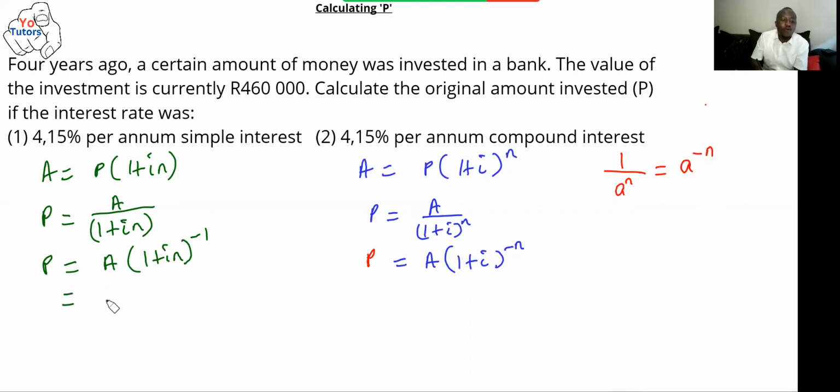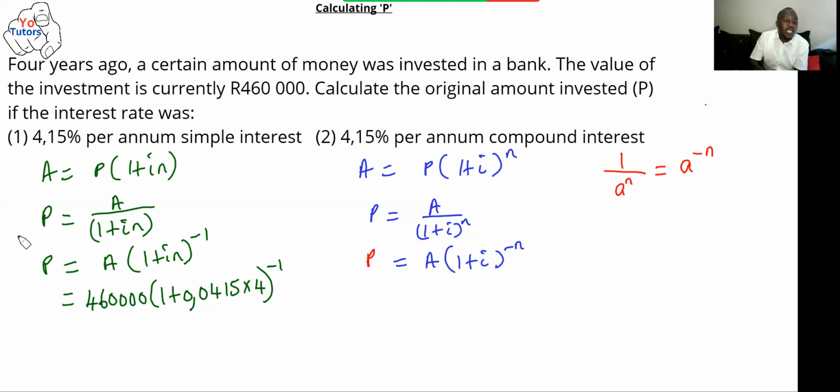So now we're just going to input the values that we have. Our A is 460,000, times (1 + what is our i? It is 0.0415). What is our n? Our n is 4, to the power of negative 1.